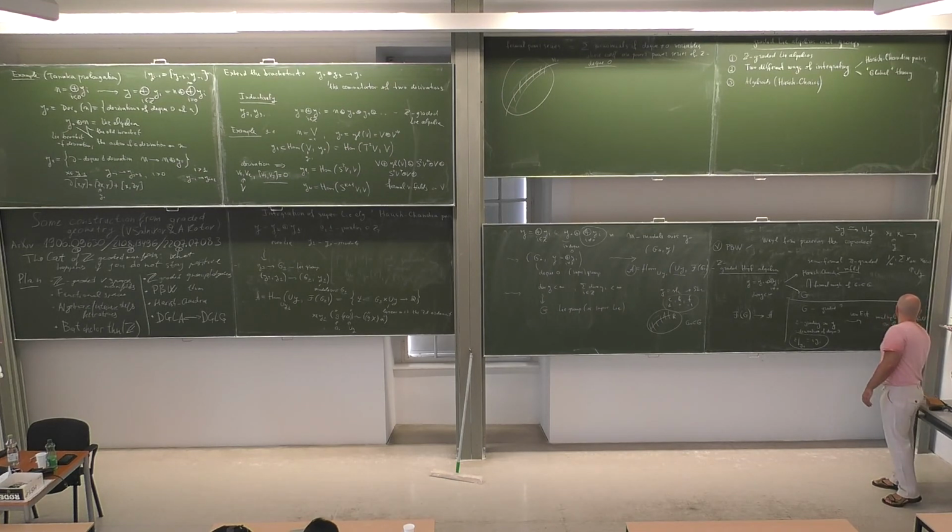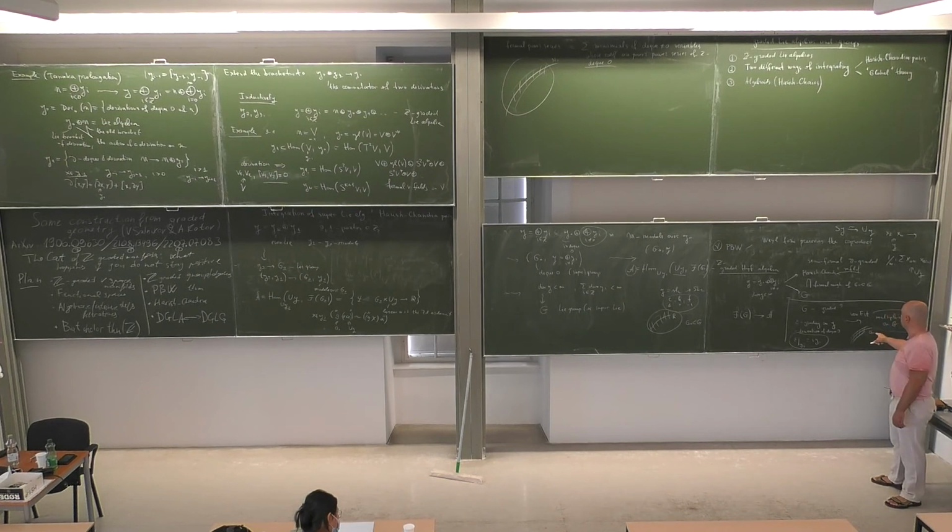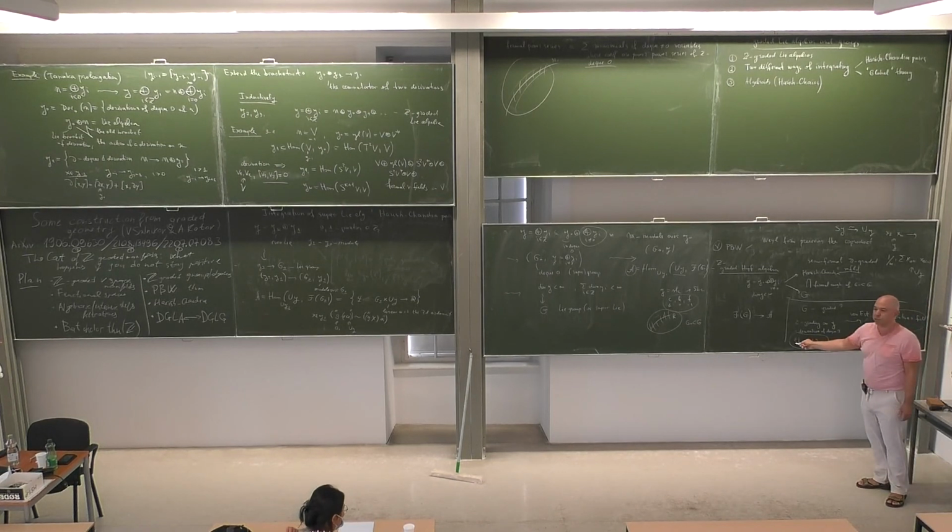And then one can show that what is nice about this vector field is that the zero locus of this vector field is precisely G0. And in a sufficiently small neighborhood of G0, this vector field has the Euler form, and the eigenvalues are the same as for the epsilon.